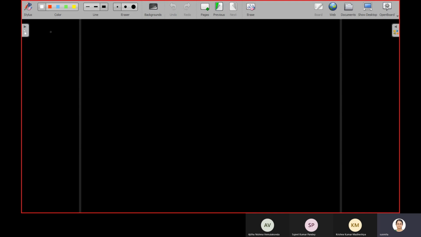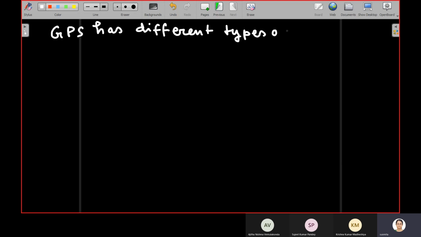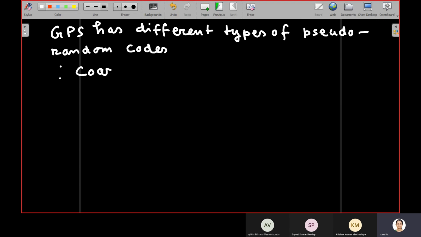Now GPS has different types of pseudorandom codes. The most basic one is called coarse acquisition, and in this class we are going to discuss things for this only. This is the basic, the simplest one.